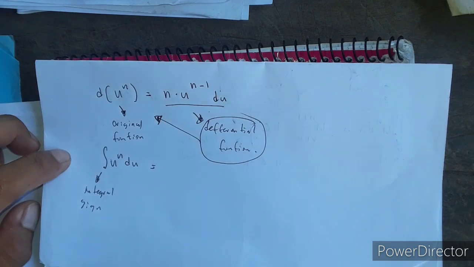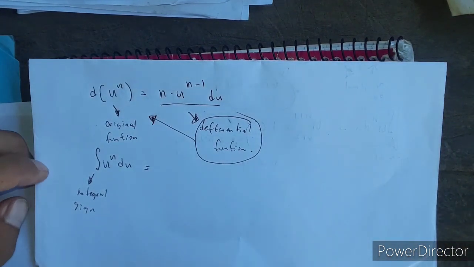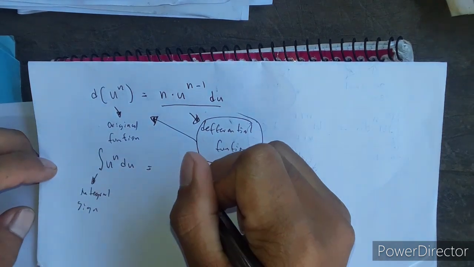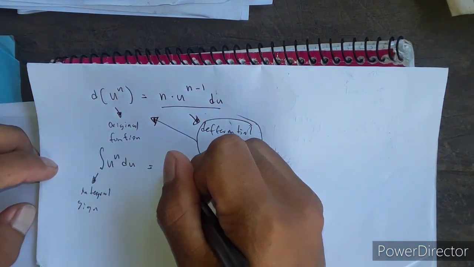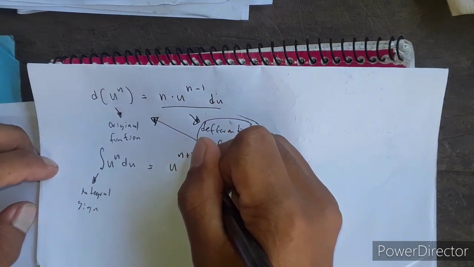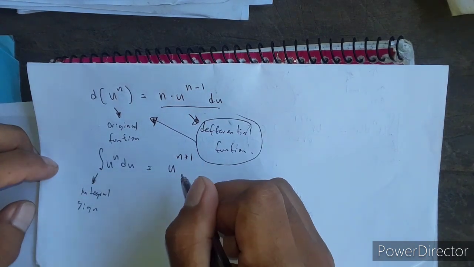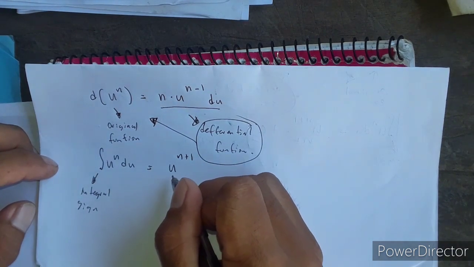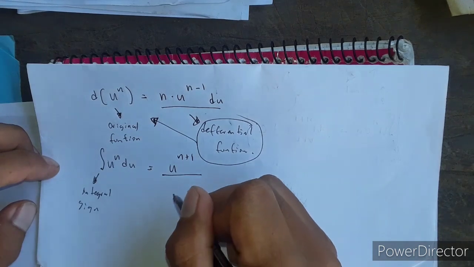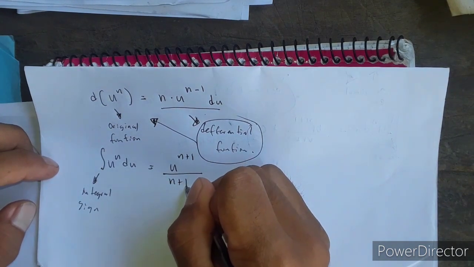What we're going to do is reverse the process of differentiating. Instead of subtracting the exponent by 1, in integrating we add 1 to the exponent. And instead of multiplying by the exponent, we divide the function by its exponent, which is n plus 1.